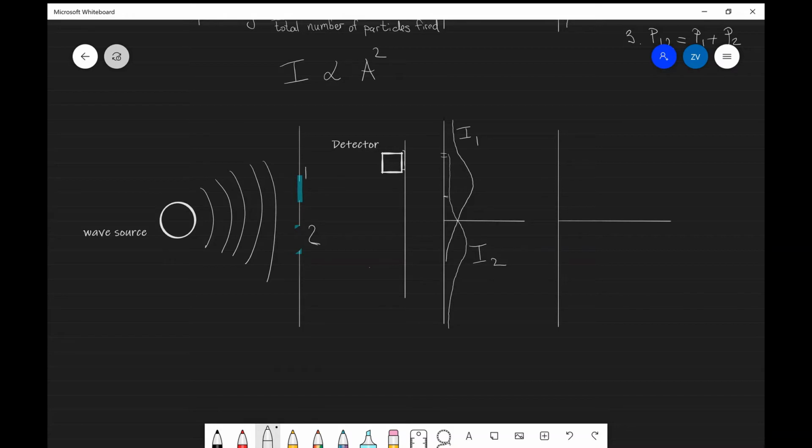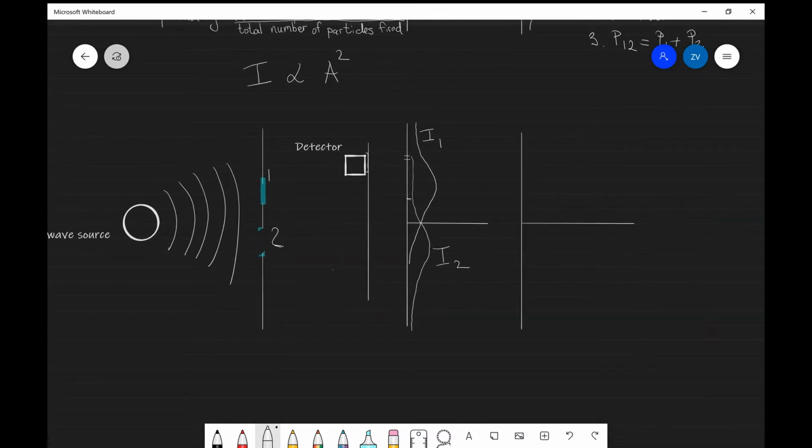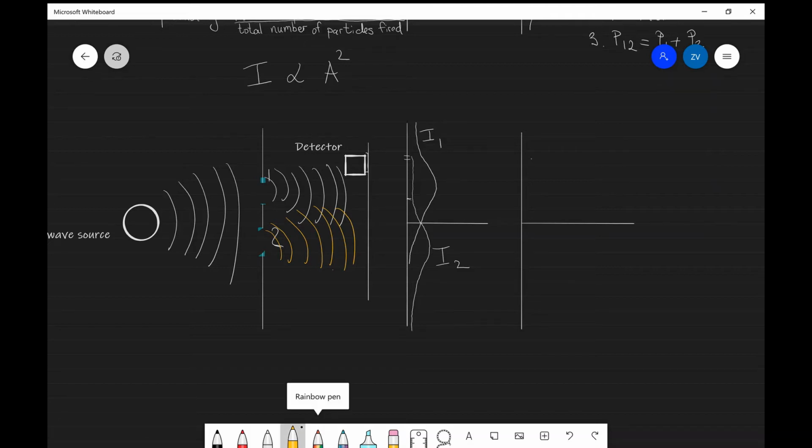Okay, now let's do a really interesting experiment. What happens if both of those slits are open? Opening up slit number 1 as well. If that's the case, the wavefronts emerging from slit number 1 are actually going to interact with some of the wavefronts from slit number 2. Now the intensity is going to vary quite drastically as we move along this y-axis.